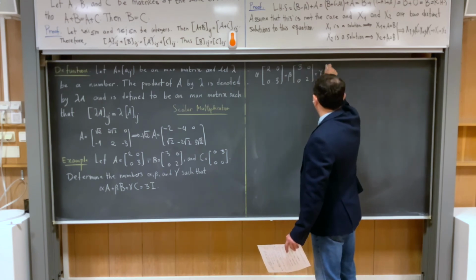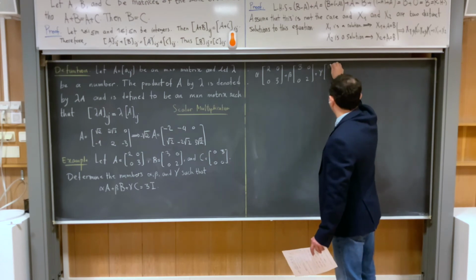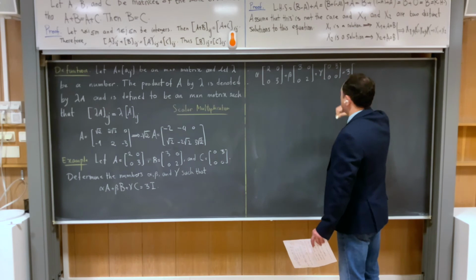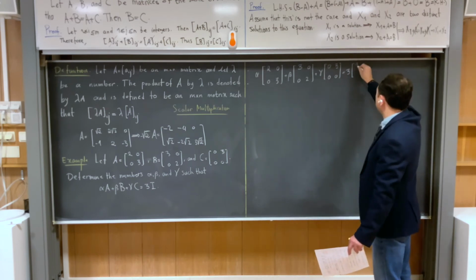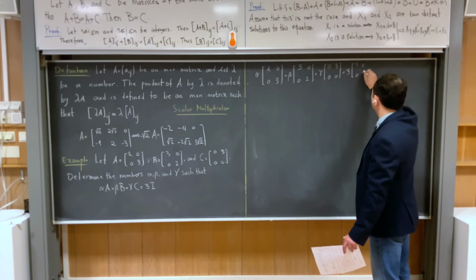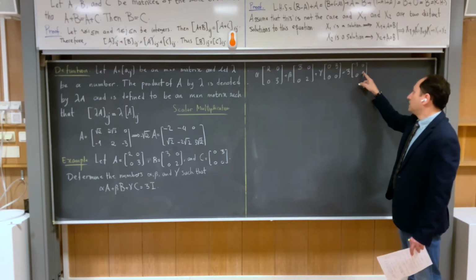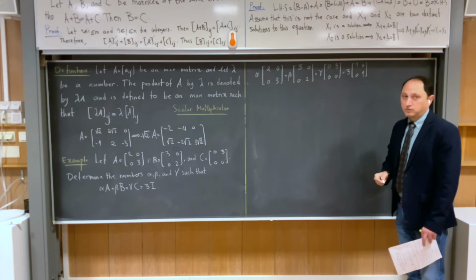And then you have gamma multiplied by the third matrix. This is supposed to be equal to 3 times the identity matrix 2 by 2. So it is 0, 1, 0, 0, 1. This is the identity matrix. It's a diagonal matrix in which the entries on the main diagonal are all equal to 1.